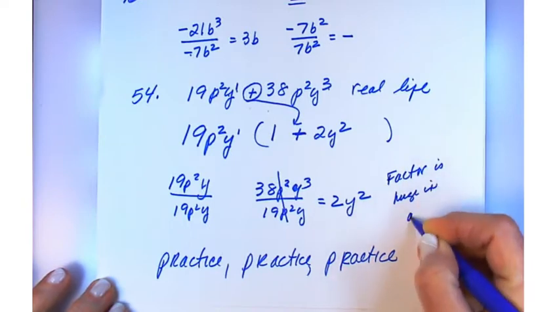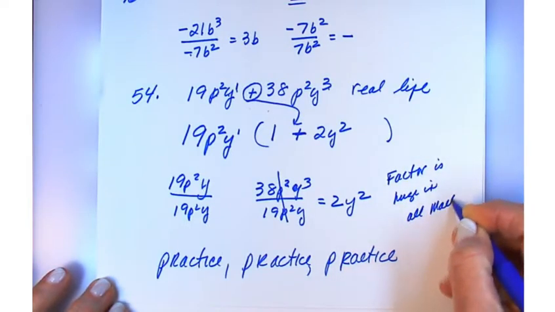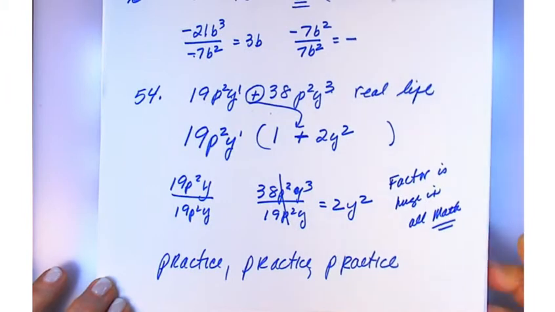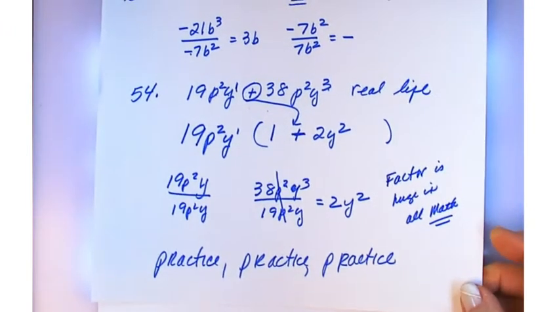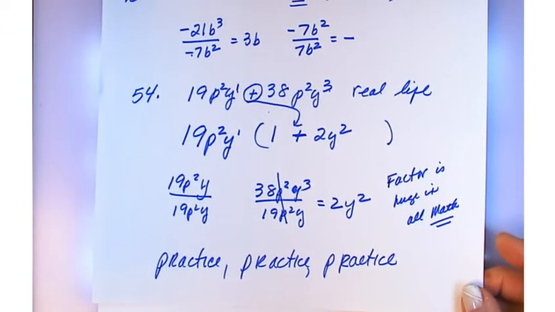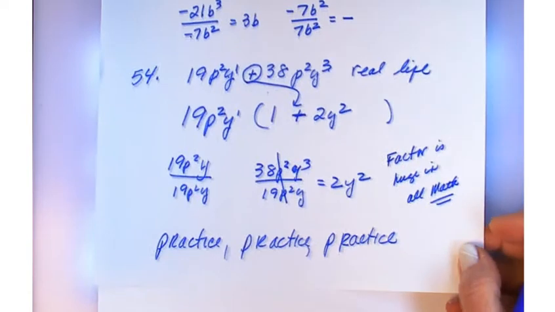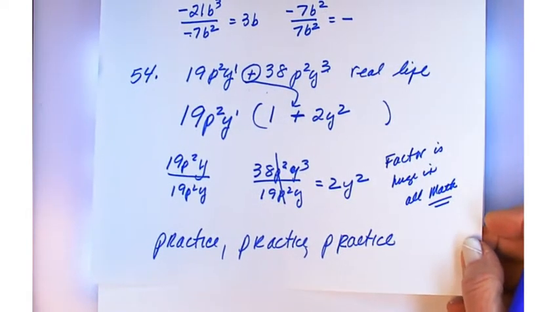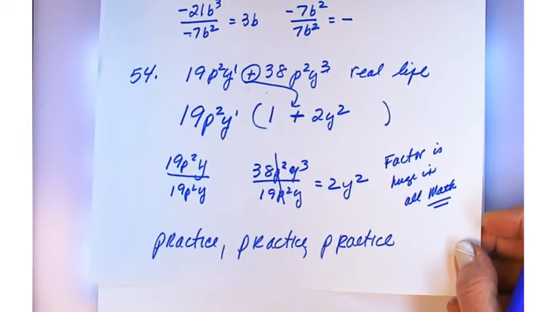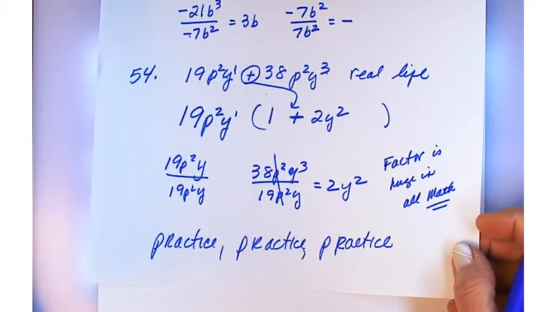It's huge in all math. Okay, so there's a few things we've done in 1050 that we won't be doing that much of in the future, but you can't get through mathematics without knowing how to factor backward and forward. Okay, so that was number 54.